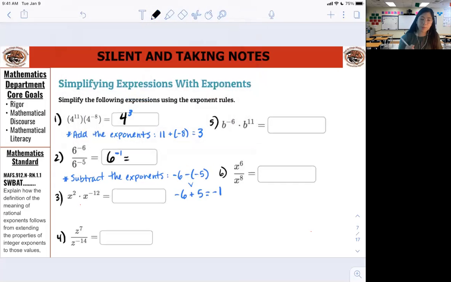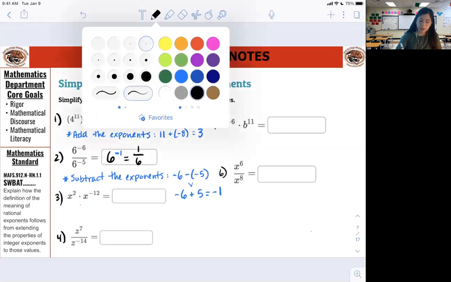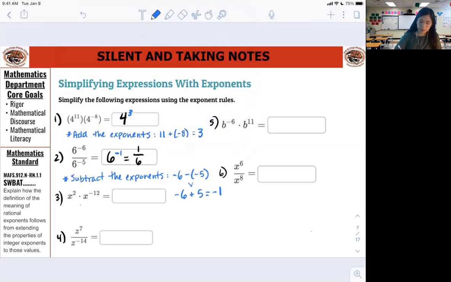Remember, negative exponents give you the reciprocal. So that 6 becomes 1/6. Technically, this is 1/6 to the power of +1, but we can just write it as 1/6. Questions on number 2? That one was a little bit more involved.